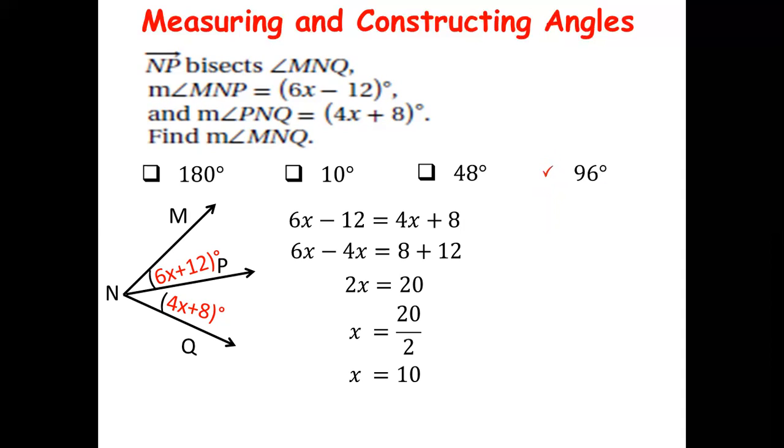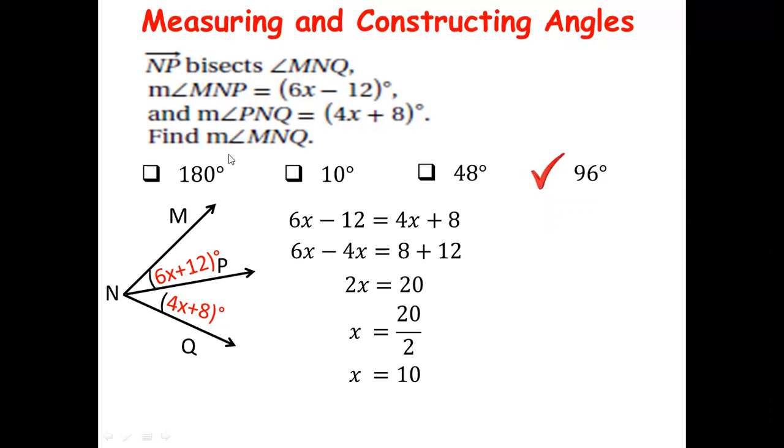Right? So do not stop here and choose this answer, because this is the value of x. Sometimes they will give you the question as find the value of x. Do listen carefully. There will be some questions where they say find the value of x. When they ask you to find the value of x, you will do only this part. You will just find the value of x and mark the answer. But then x cannot be in degrees, because we are only finding the value of x, not the value of angles.